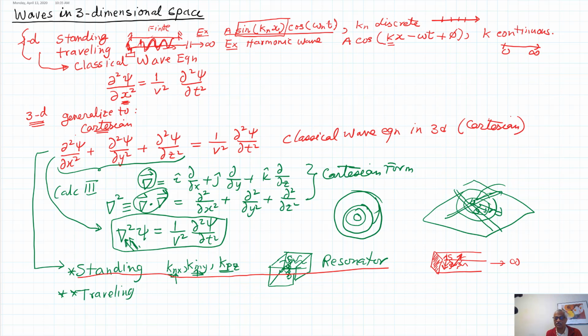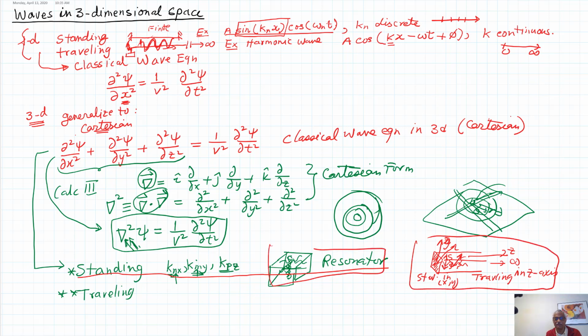So say this is the y-axis, and this direction is the x-axis, and this direction is the z-axis. Then you'll have a traveling wave in the z-axis and a standing wave in x and y.